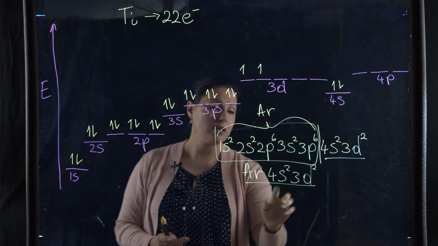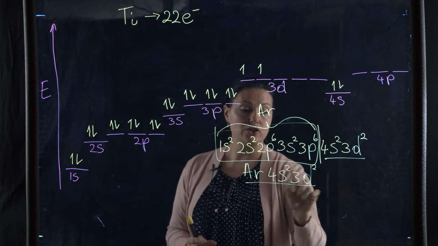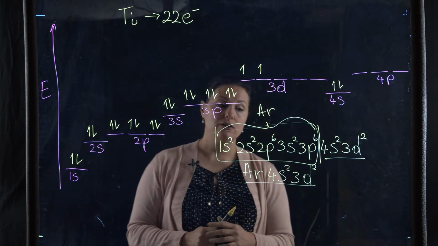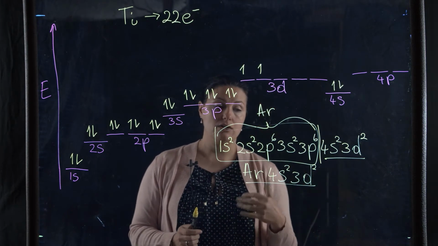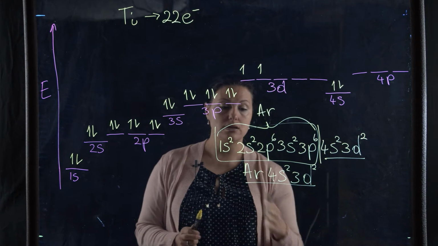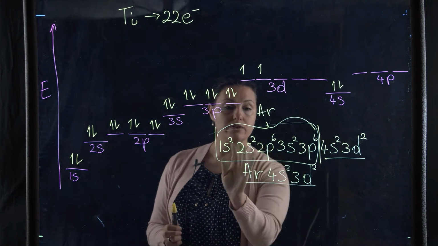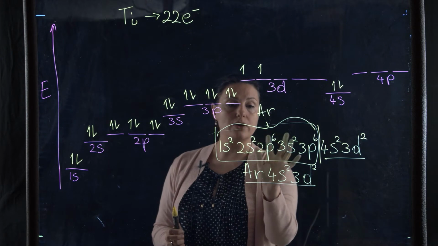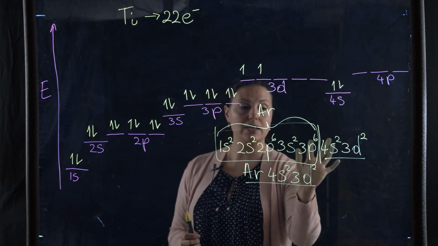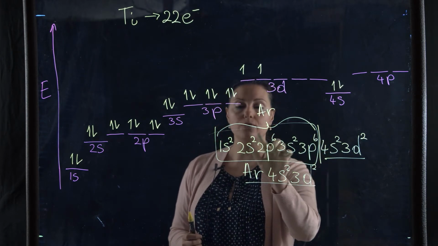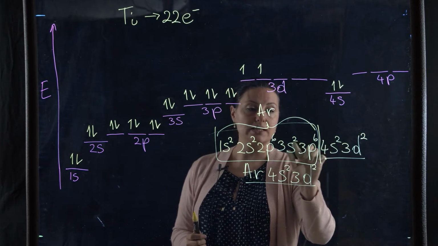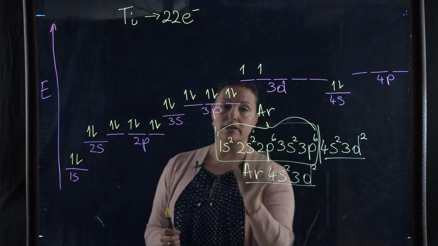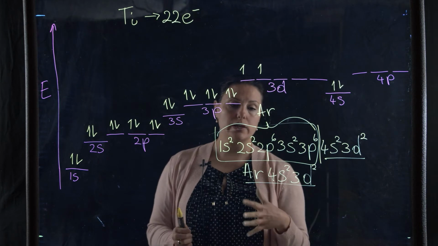Notice that titanium has these 4 electrons over here that are valence electrons. Up to argon, these 2, 4, 10 plus 6, 16, or 2, 4 plus 6 is 10, plus 8 is 18, so those 18 electrons are considered core electrons.